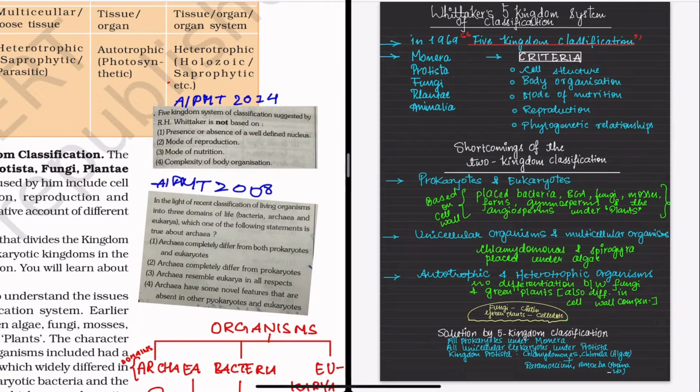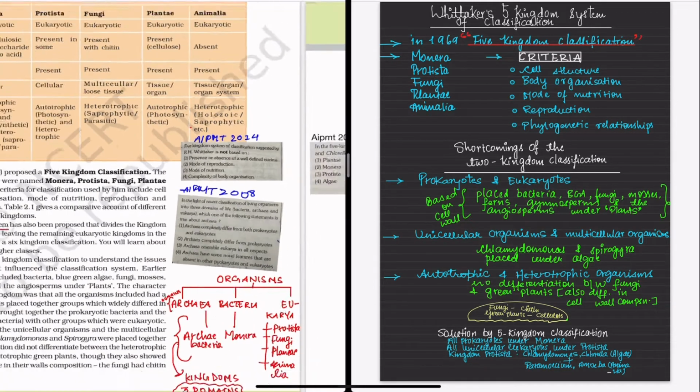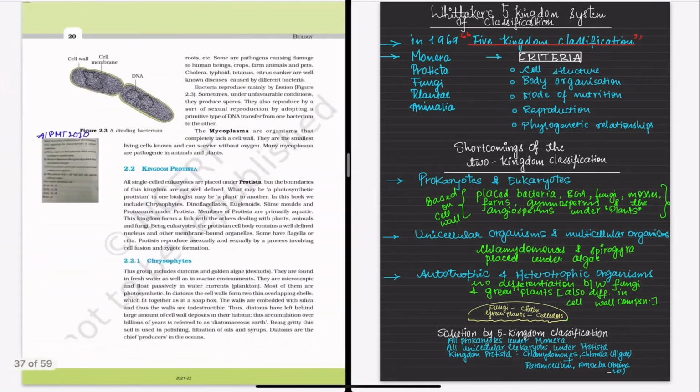So we are including only those questions which clear a concept, or which explain a topic completely, or in which there are two options against each other, or in which students get confused about which is right and which is wrong. We are including only those questions which are conceptual, which will make us conceptually strong. So this PDF is dotted with questions from previous years that will help us strengthen our concepts.